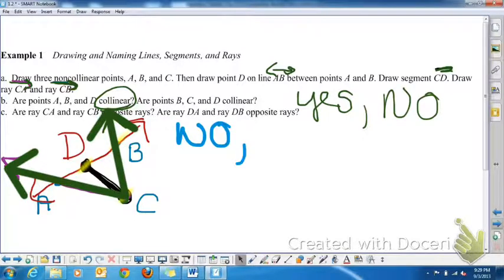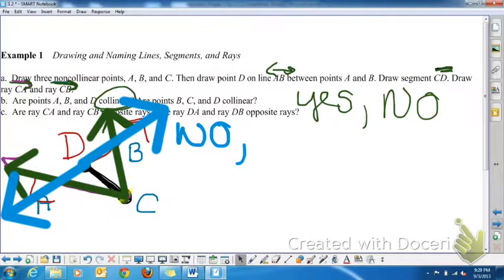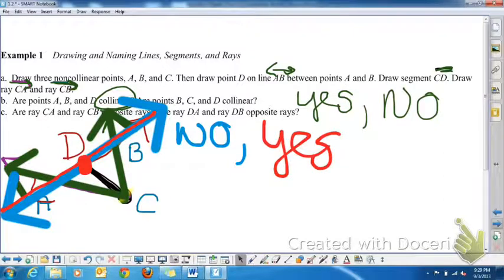How about ray DA and ray DB? Are they opposite rays? Yes, they have the same initial point and they form a straight line. So yes, they are opposite rays.